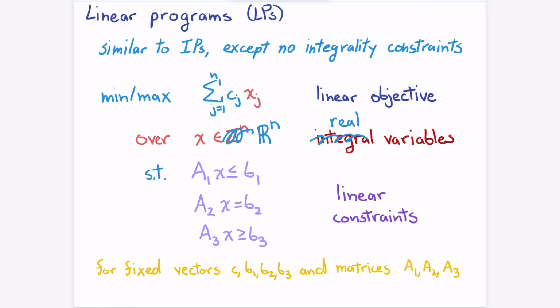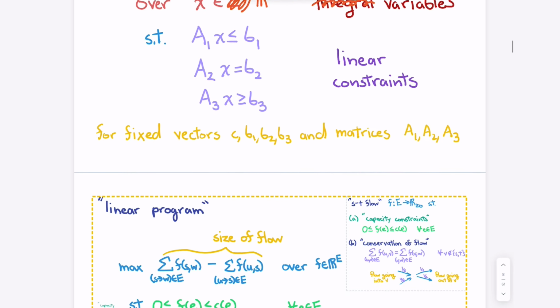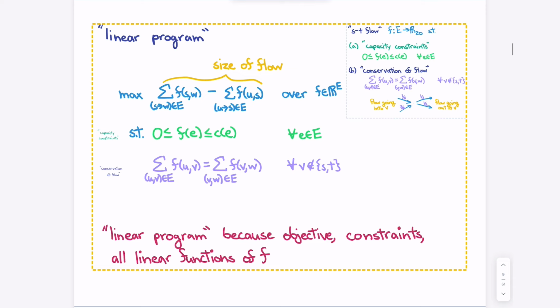Okay, so now I can choose 0.2, 0.3, 1 over pi, weird things like this, square root of 2. Okay, and that's the only difference between integer programs and linear programs: the variables are now continuous.